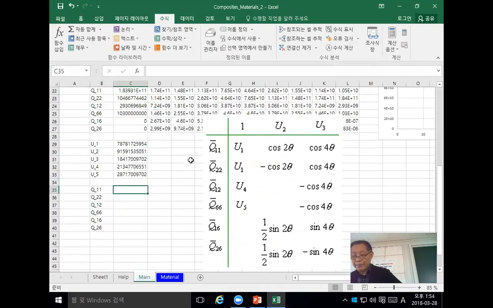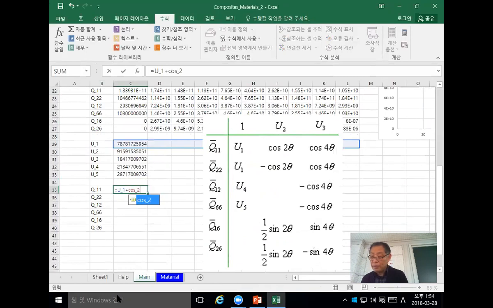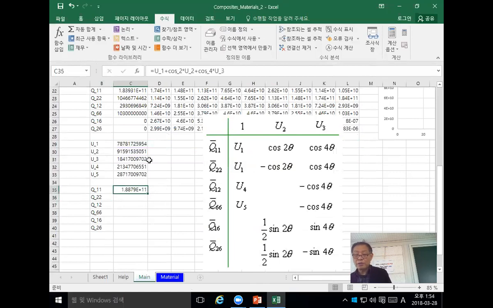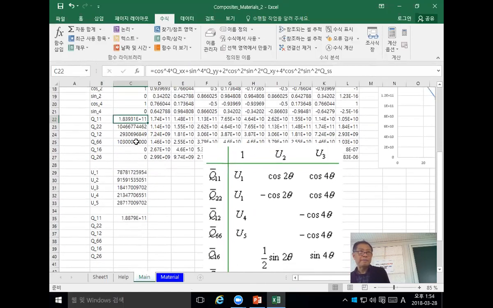Now here, let's type U1 plus, and cosine 2 theta, we use cos 2 times U2. Yes. Okay, this table means a times, plus a cosine 4 times U3. Okay, so obviously this one is the same as this guy.